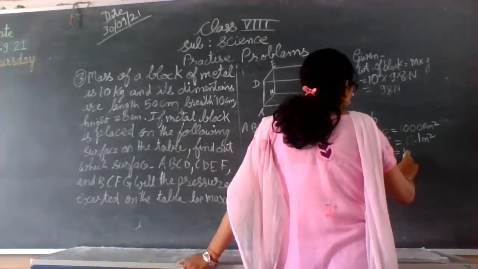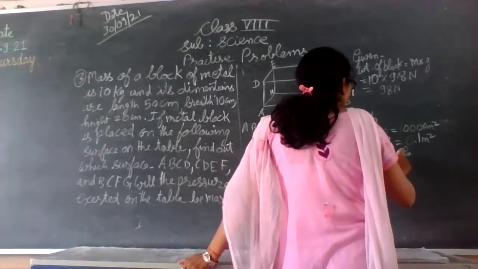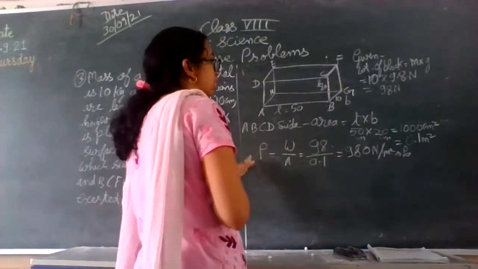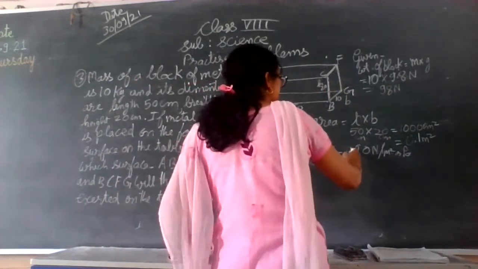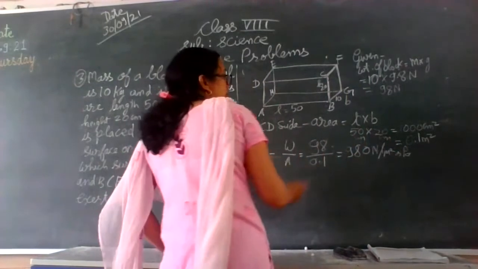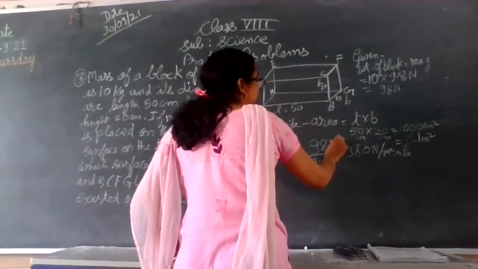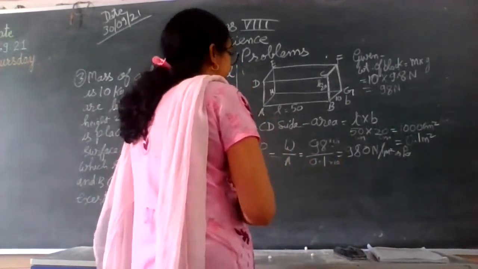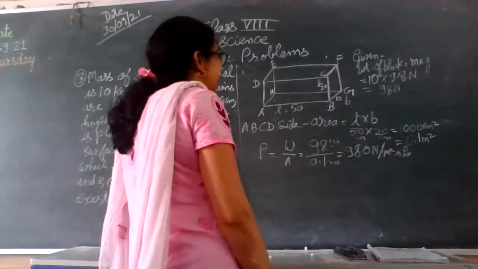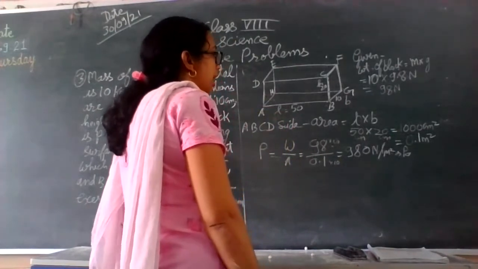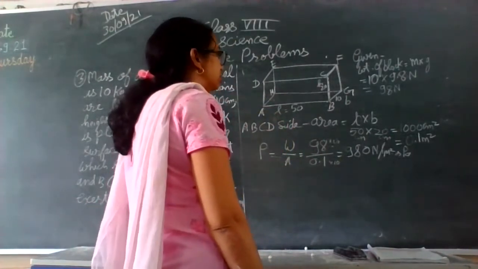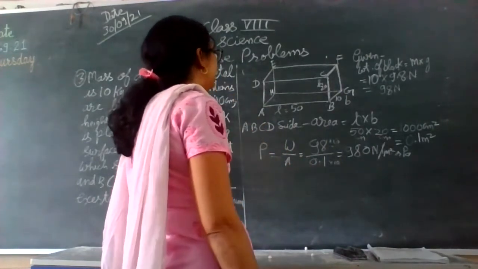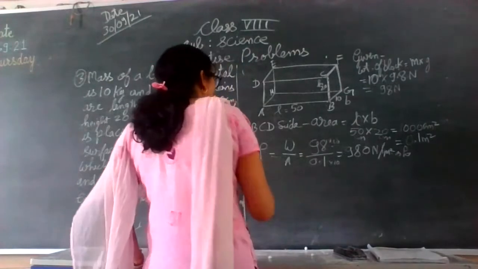That is again Pascal. Newton per meter square or Pascal you can take for pressure as its unit. Here, a simple way to calculate is multiplying the numerator and divisor both by 10 and we'll get the answer 980 by 1. That is 980 Pascal will be the pressure created by your ABCD side of the block.